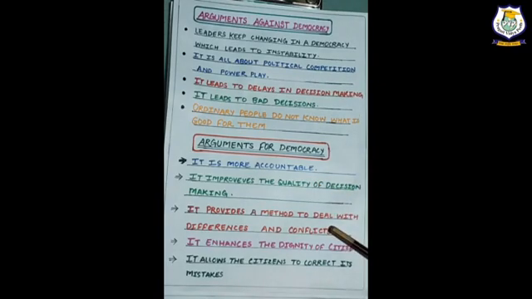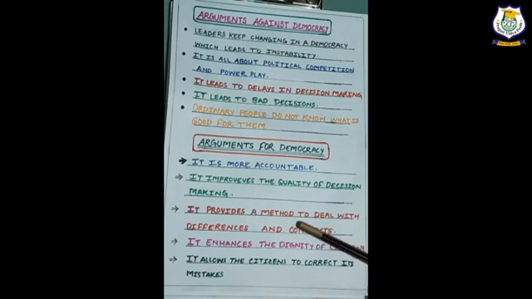In the very next argument, it provides a method to deal with differences and conflict. Democracy is a type of government which deals with differences and conflict if they arise among the people. If any conflict arises among the people, it tries to solve it.